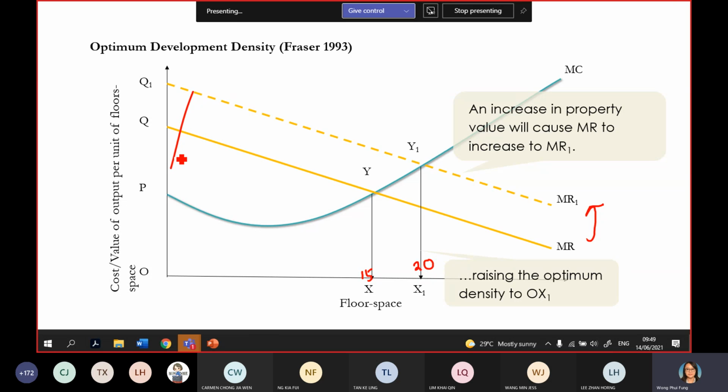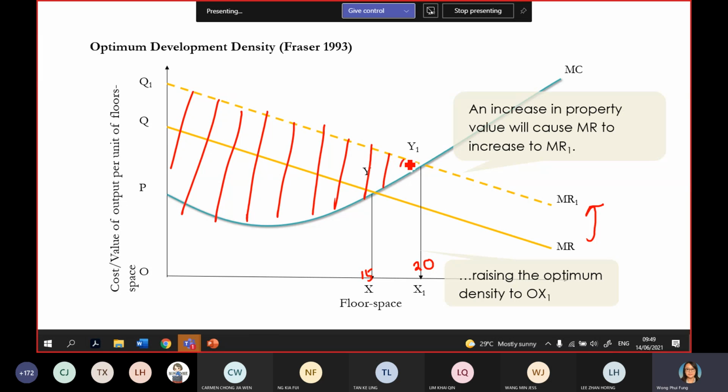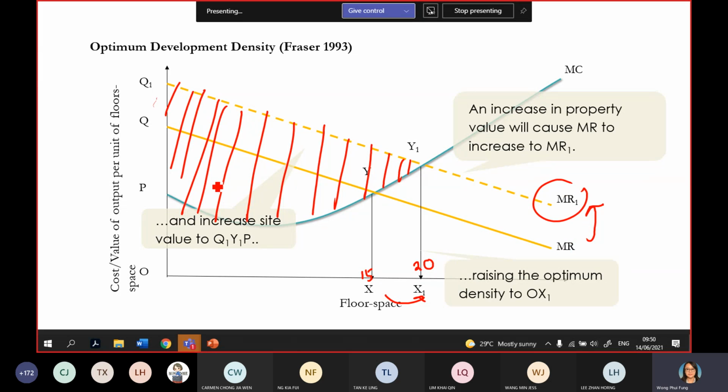So you can see the surplus profit here will also become larger, and increase the site value Q1, Y1, P. So as a summary, if the property demand increases, the developer will choose to build higher, 20 floors. So in that case, the MR will increase, and your site value and your surplus profit will also increase, theoretically based on this graph.